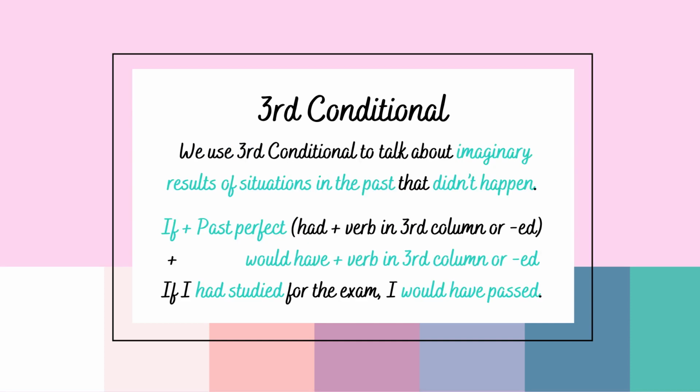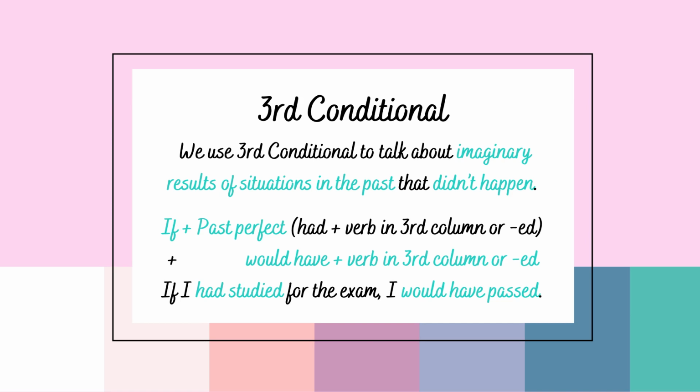Third conditional. We use the third conditional to talk about imaginary results of situations in the past that didn't happen. I always say that this is like regrets or things that didn't happen but could have happened in the past.